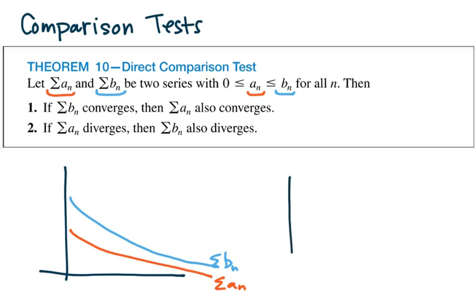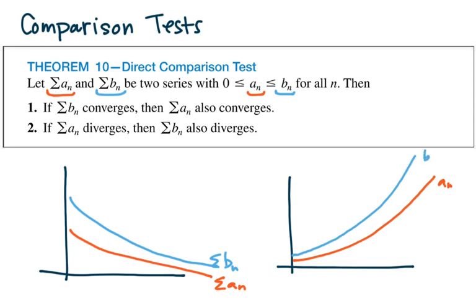And then similarly for the second part, if A diverges, so the smaller one diverges and goes off to infinity, and we know that B is above it everywhere, then B would also have to diverge. Okay? So that's what the direct comparison test says.